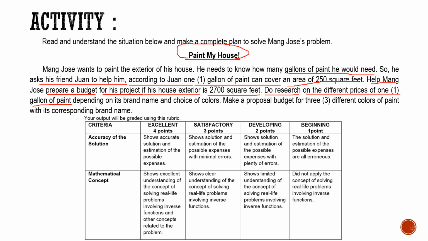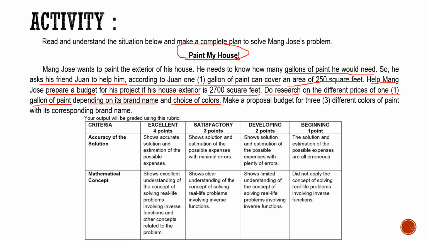It depends on what brand you are going to use in painting the exterior part of the house of Mang Jose. It can be Boysen, Rain or Shine, and etc. Depending on its brand name and choice of colors, there is an increase of price once you choose a color or we mix two colors. That is more pricey compared to a single color.